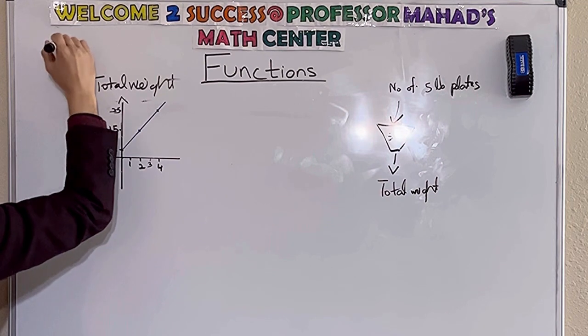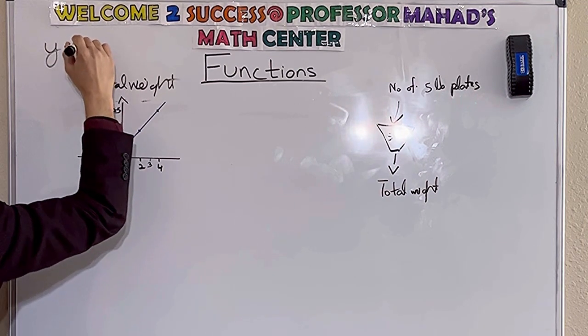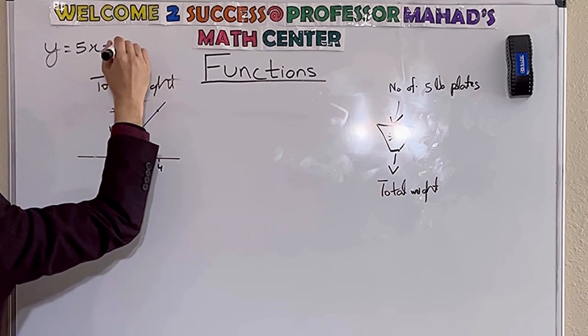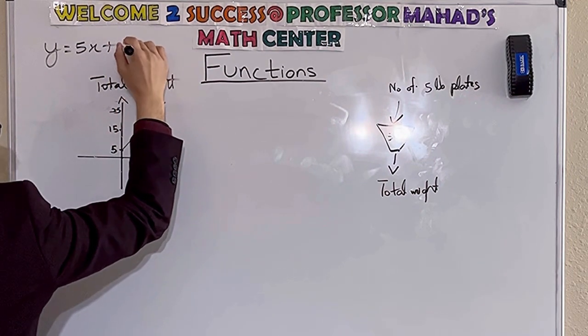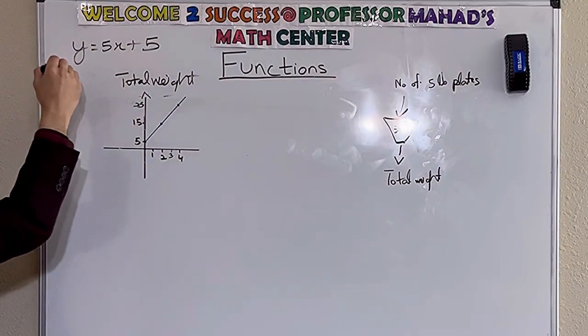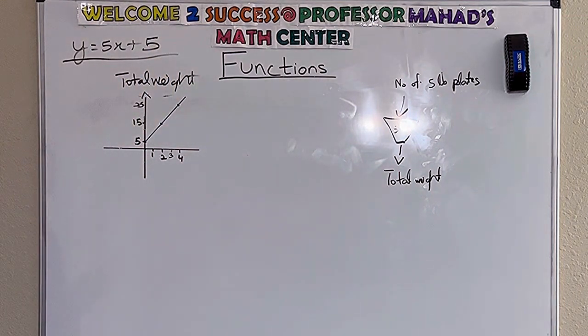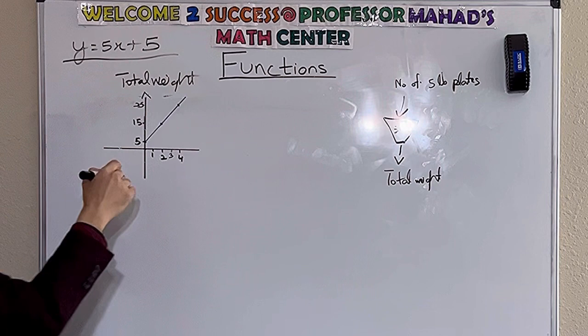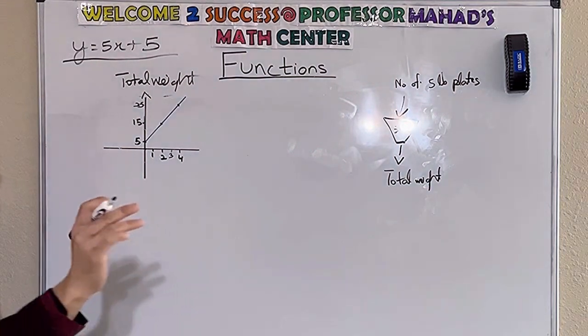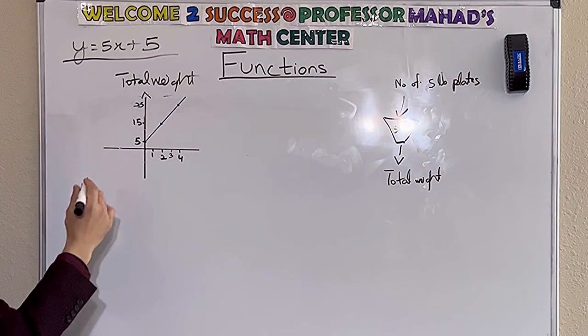We have the equation y is equal to 5x plus 5. How can I determine whether this is a function or not? Let's plot just 2 or 3 points to understand.